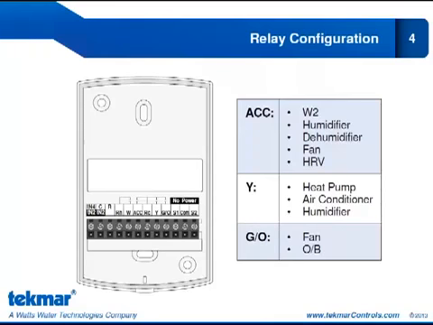So right away we can see, yes, we do have a lot of options for equipment, but we also are limited in what we can operate at the same time. Our GO relay can be set to operate a fan, or if you're using a heat pump, it would control the reversing valve. We will review this relay configuration later in the presentation.